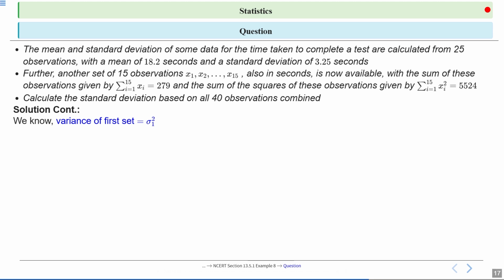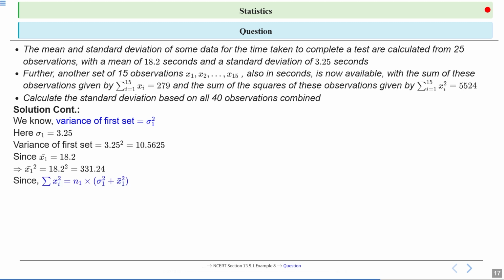And we know variance of first set is sigma 1 square and here sigma 1 is 3.25. So variance of first set is 3.25 whole square, that is equal to 10.5625. Since x1 bar equal to 18.2, so it implies x1 bar square equal to 18.2 square equal to 331.24.